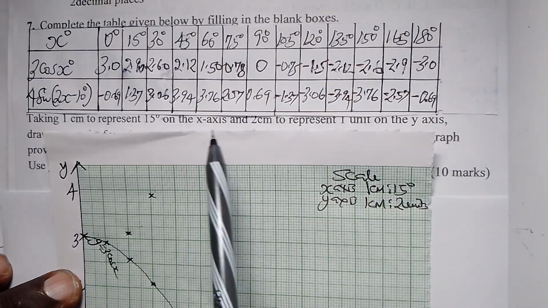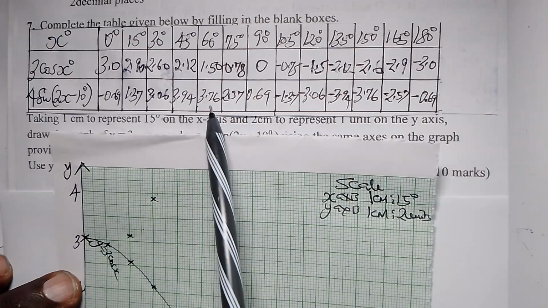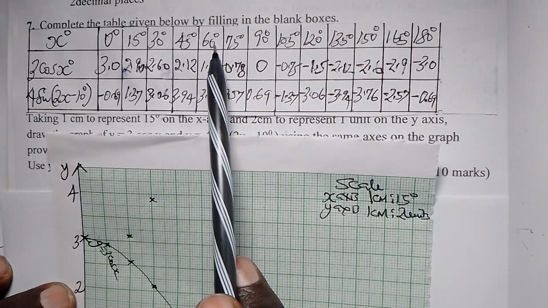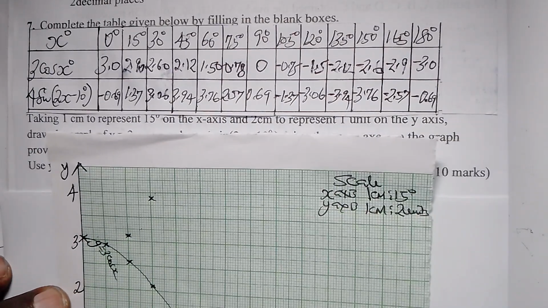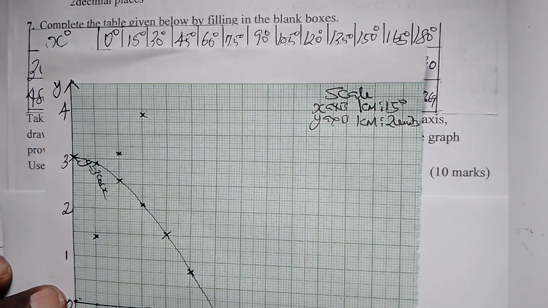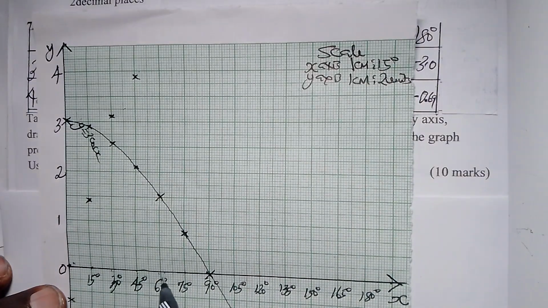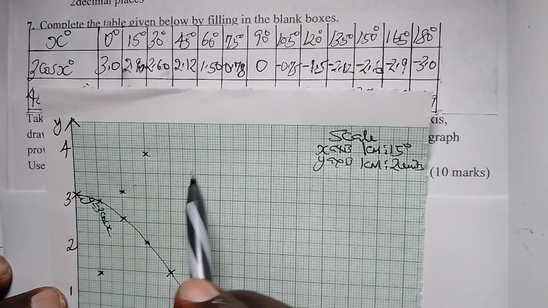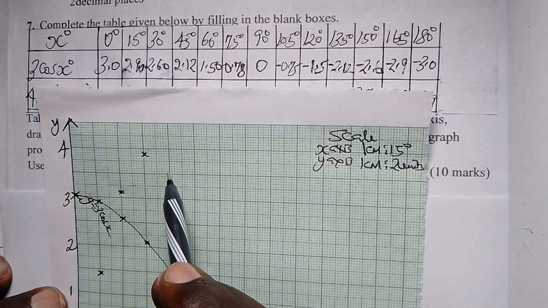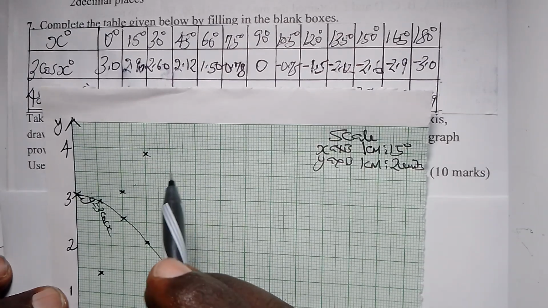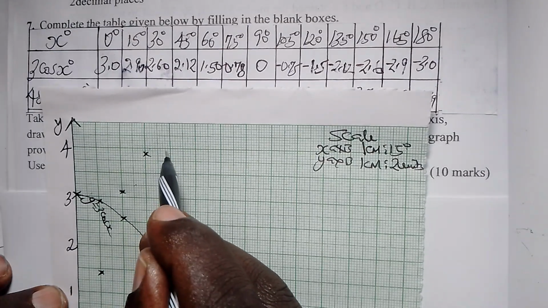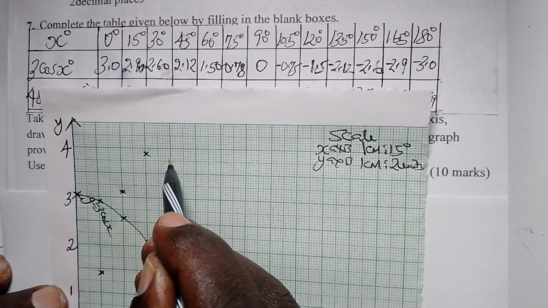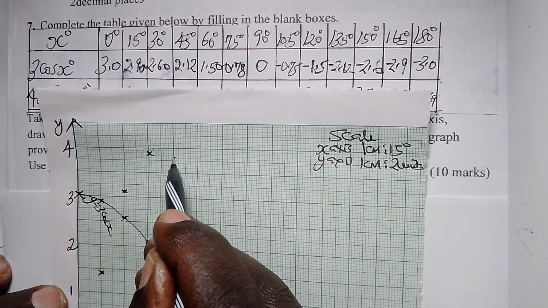At 60 degrees, we are here. X is 60, y is 3.8. 60 is here, and 3.8 will be 4 small squares below 4, or 1 small square above 3.